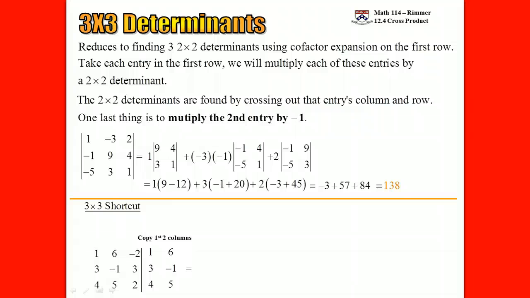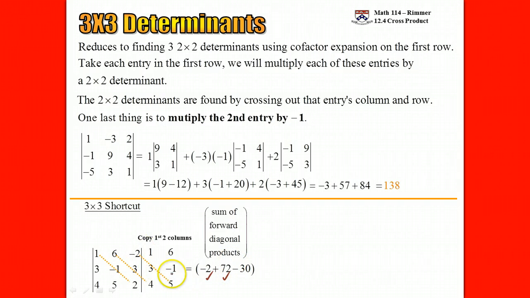And so there's a bunch of forward-facing diagonals. Multiply along there. There's a bunch of negative backwards-facing diagonals. Multiply along there. So I take and add these numbers together. My first product is going to be a -2, a 72, and a 30 with a -30.